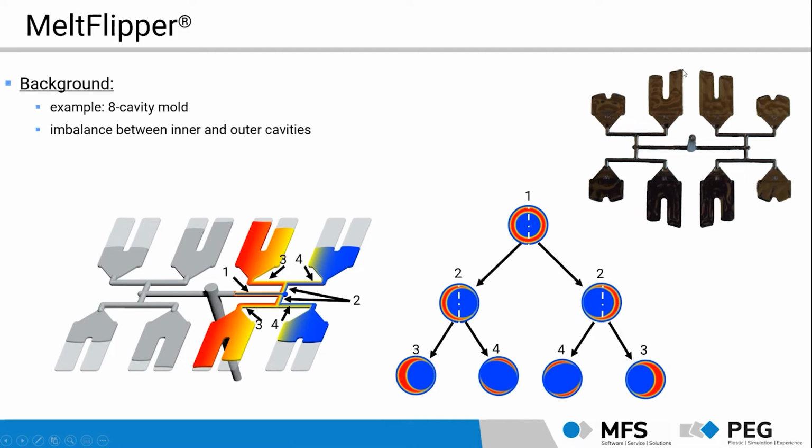So the inner areas fill first, and we have then a very, very strong imbalance between the inner and outer cavities. Again, try it on your own with your hands. From the donut geometry at point 1, go through the runner until you reach the cavity, and you see where these effects come from.